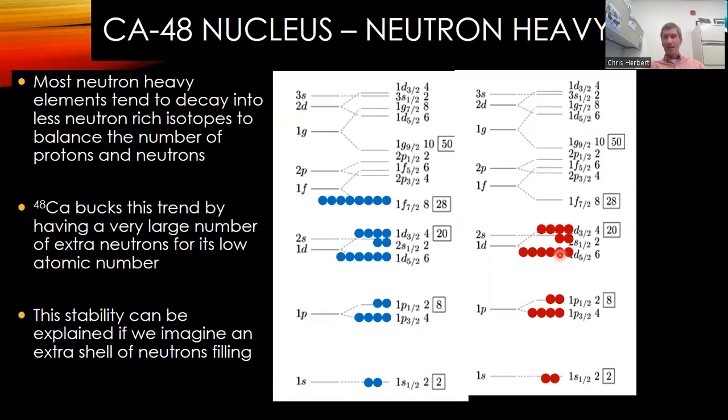So again, how do we explain why some isotopes are more stable than other isotopes? We can use this shell model to help us. But again, the shell model does take into account not only the wave functions of the protons and the neutrons as they're trapped inside this well.